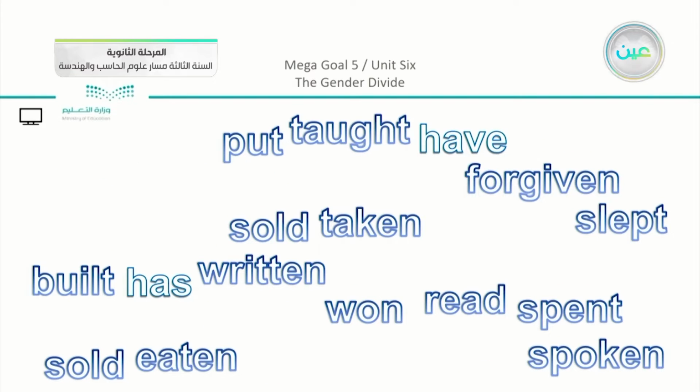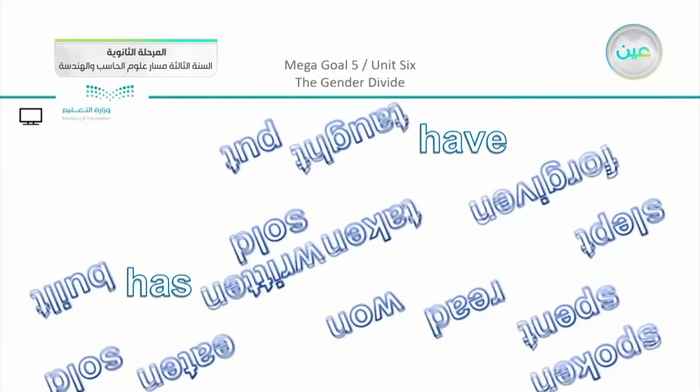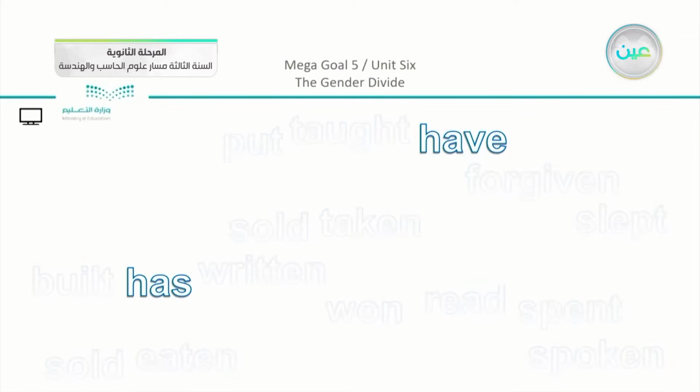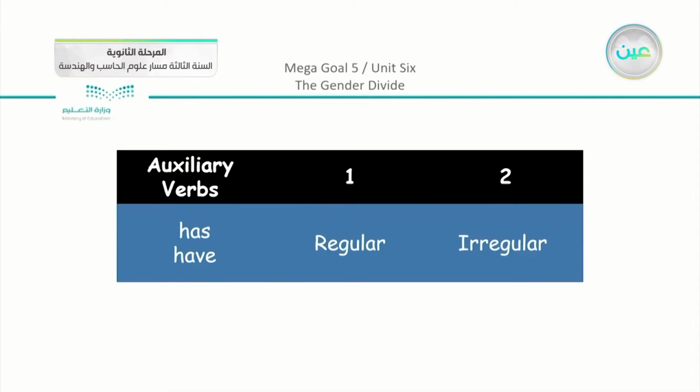These irregular verbs like taught, forgiven, read, won, eaten have the whole form of the verb changing. And we have these two, which are has and have, that are auxiliary verbs, or we can say helping verbs. So basically we have the auxiliary verbs, we have the regular, and we have the irregular verb here.